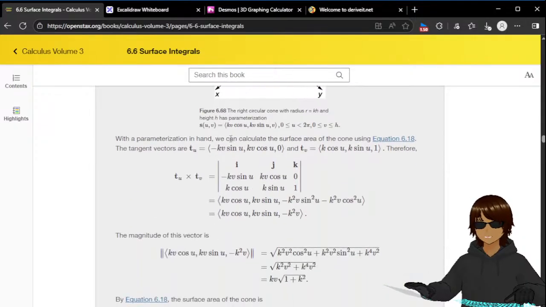With the parameterization in hand, we can calculate the surface area of the cone using equation 6.18. Tangent vectors are tu and tv.